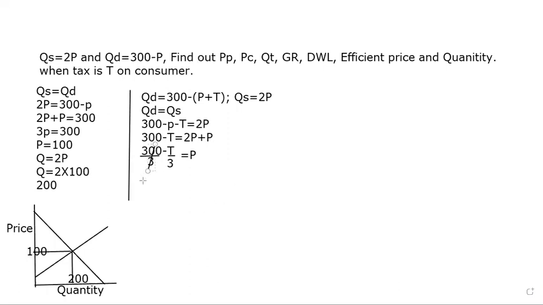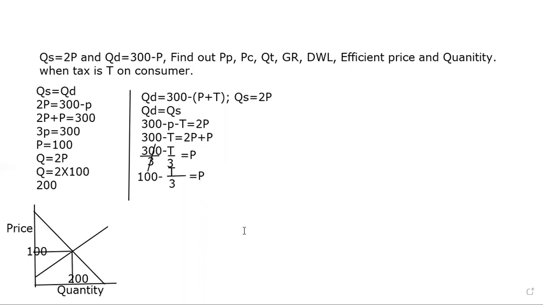So if we simplify this value, we get 100 minus T by 3. So this is our equilibrium price in this market.